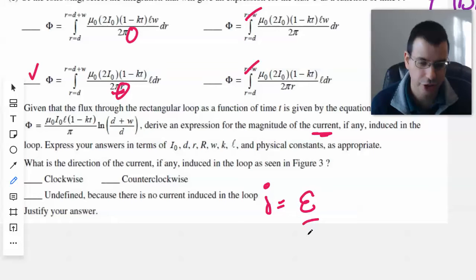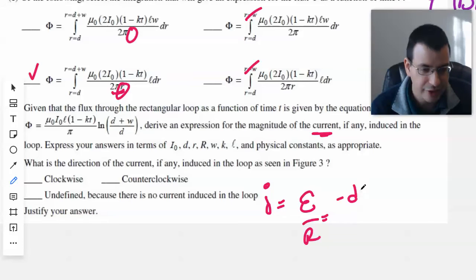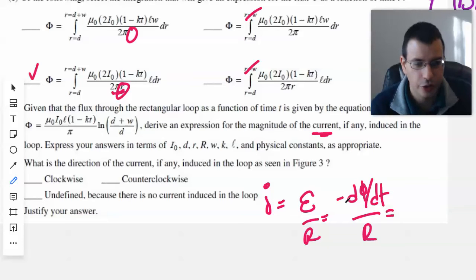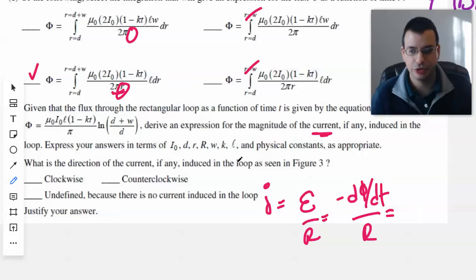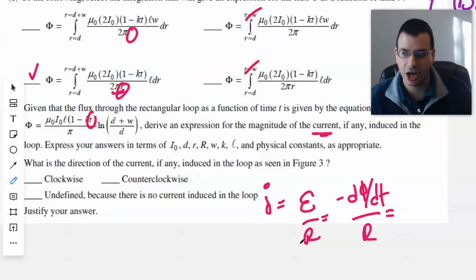In this case, it's going to be induced electromotive force, which is negative d flux dt over R. We know that flux is this, and it's going to be derivative with respect to time, which is only that portion right there. So everything else is a constant.